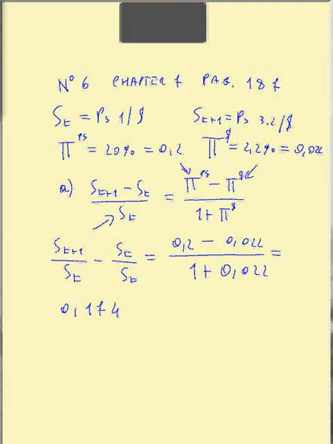But we have to find the final exchange rate, the final fair exchange rate. So we have from here S_T+1 over S_T minus 1 is equal to 0.174.